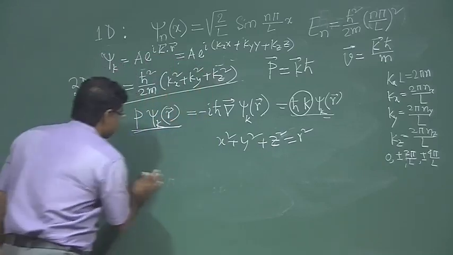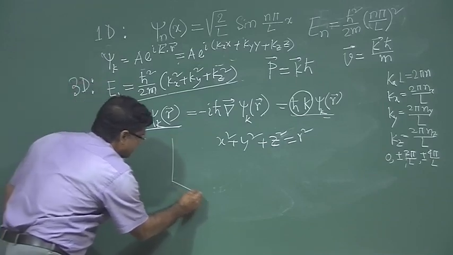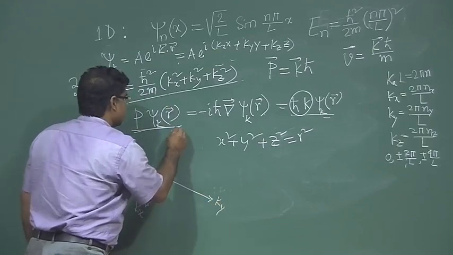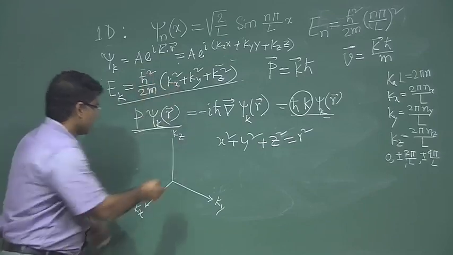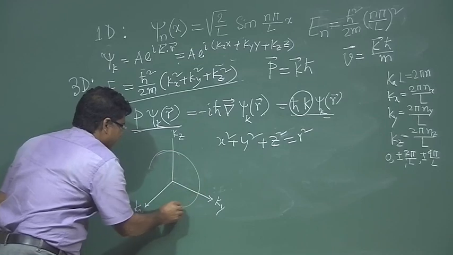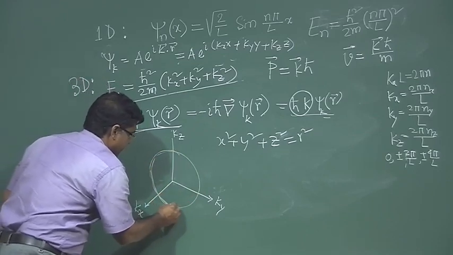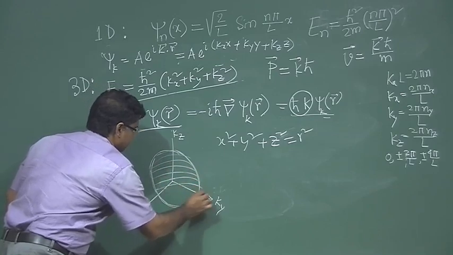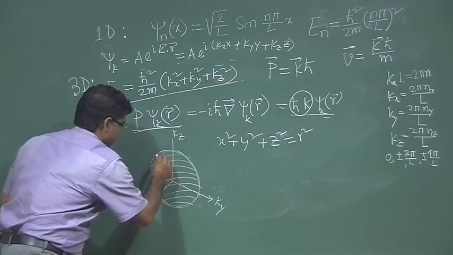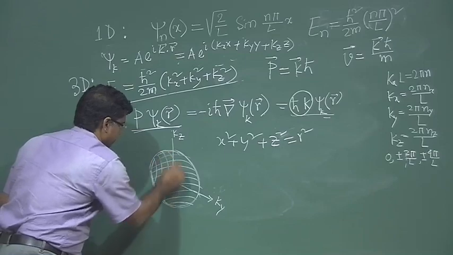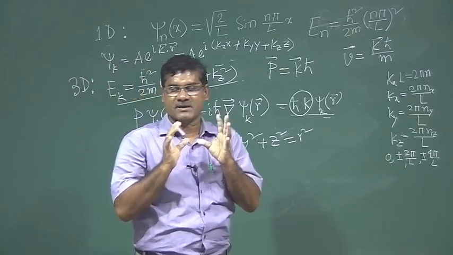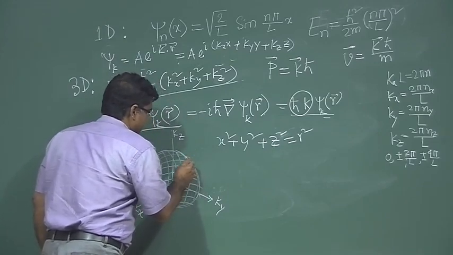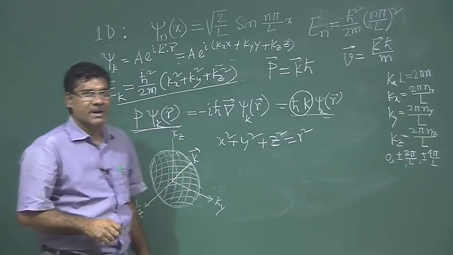Basically, the coordinate system in K space has this Kx, this Ky, this Kz, so Kx square plus Ky square plus Kz square will represent a sphere in K space, where this is the K vector, and it has components Kx, Ky, Kz.